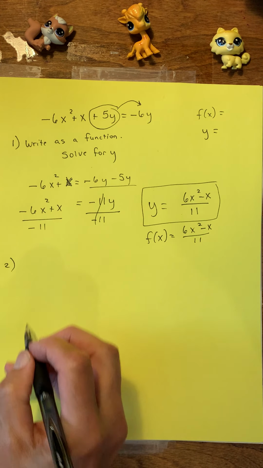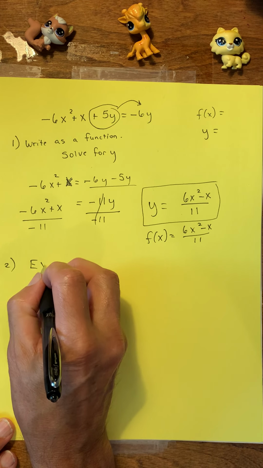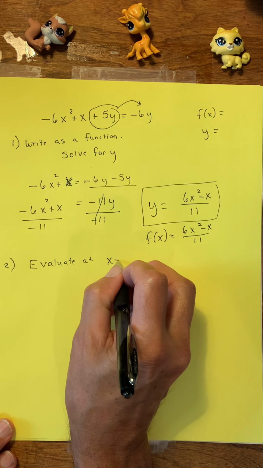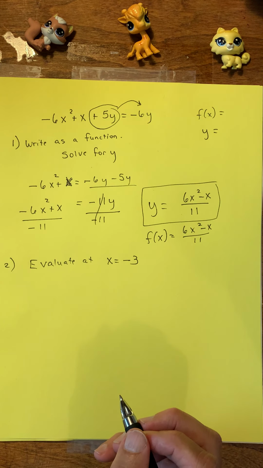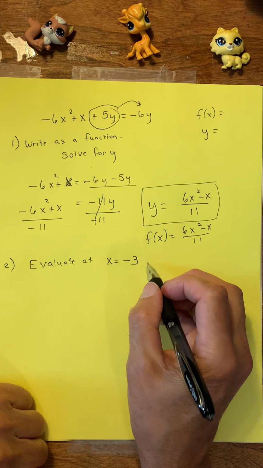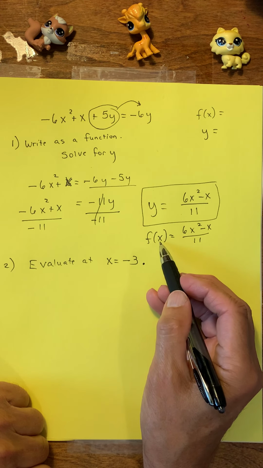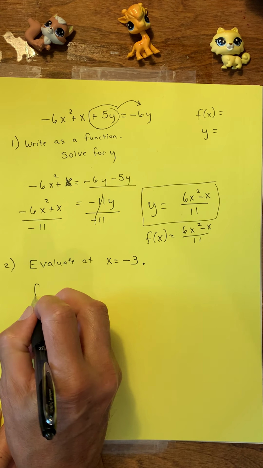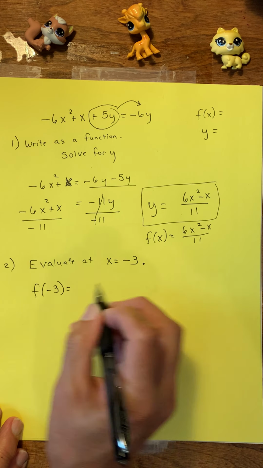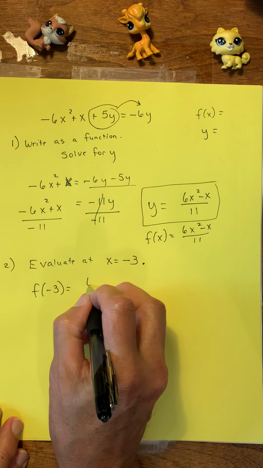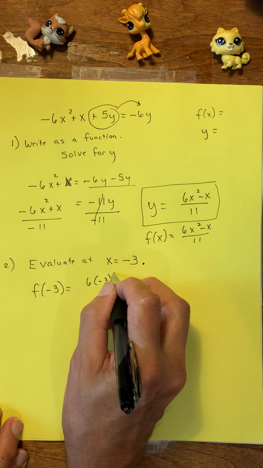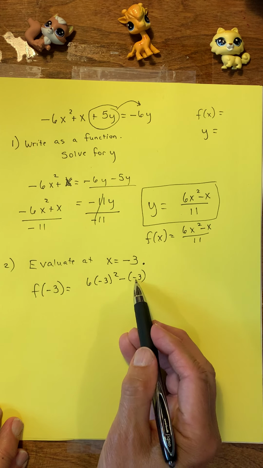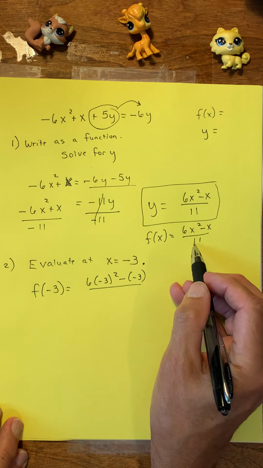Second thing they asked me to do is evaluate this function at x equals -3. So what that tells me to do is everywhere there's an x, I'm going to put a -3. So f of -3 equals 6 times, put in parentheses, -3 squared minus -3. Everywhere there's an x, I'm putting -3, all over 11.